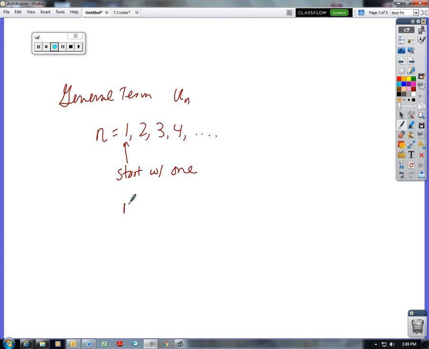The way we say that is n is an element of the integers, and not all integers, but the positive ones only. So we say n is an element of Z to the plus, the positive integers. That's the domain. By the way, the n's are the domain. The domain is the n's, and then the range would be the actual numbers in the sequence.